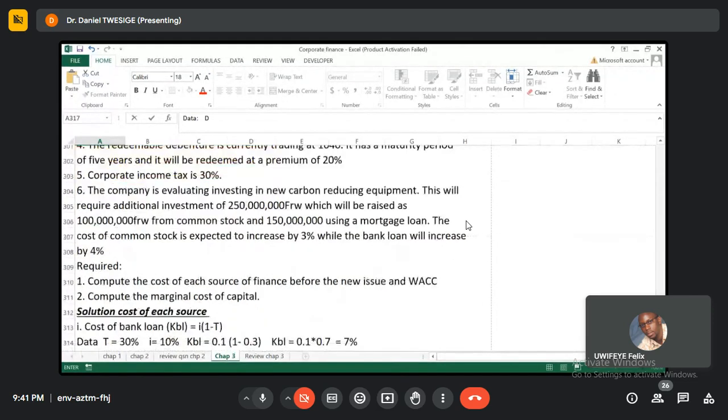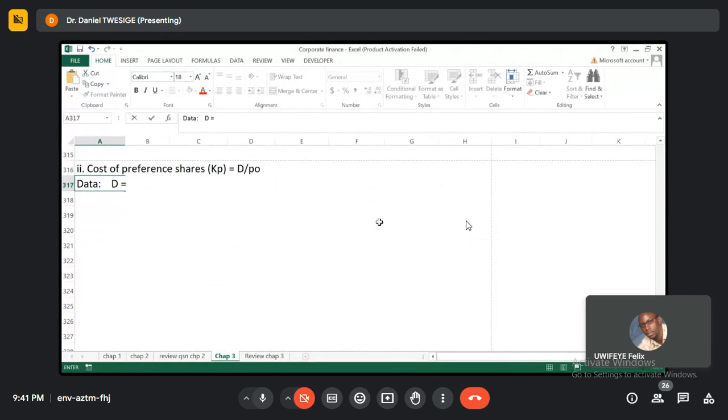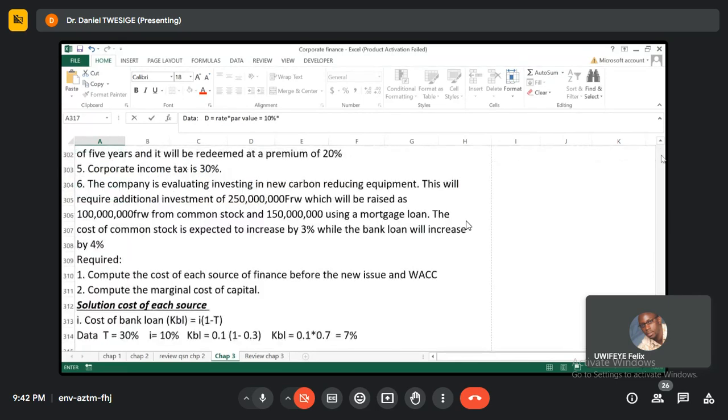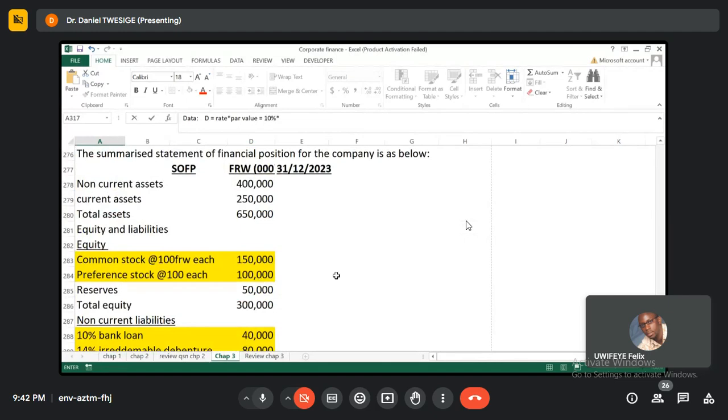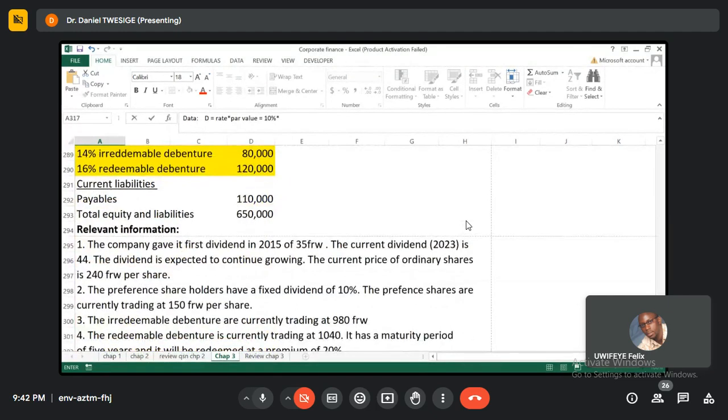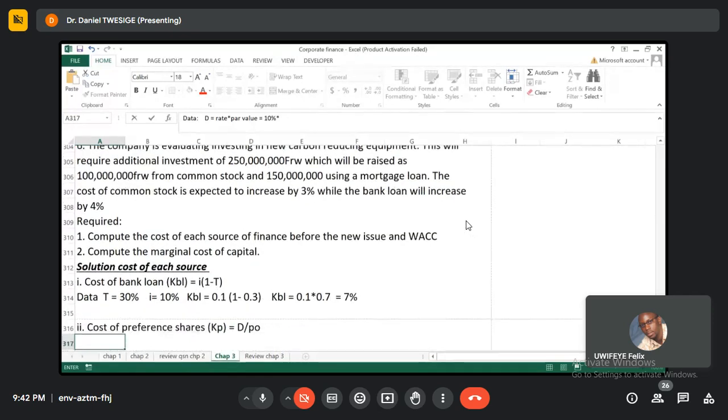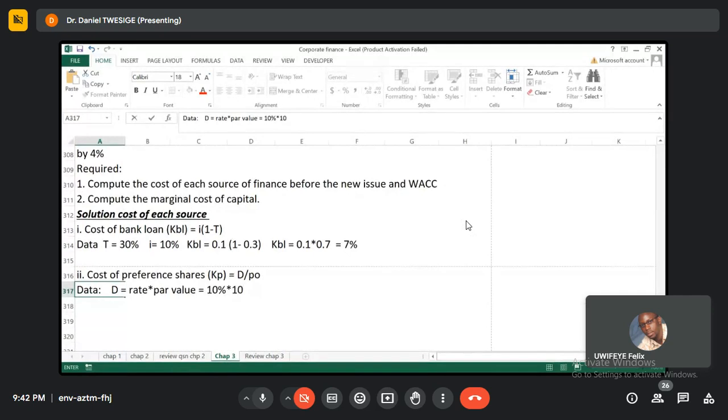The dividend will be the rate times the par value, or nominal value: 10% multiplied by the par value of the preference, which is 100. So our D will be 10.